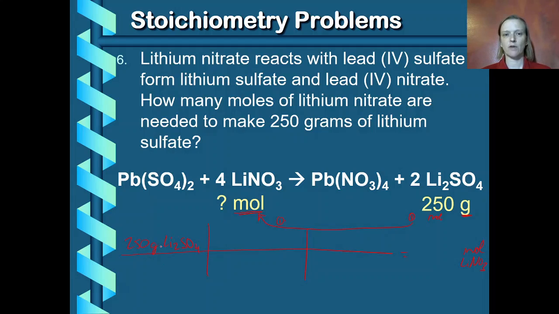My first conversion factor I need to convert to moles so that I can switch to a different substance. So I need to know how many grams are in 1 mole of Li2SO4. I'm going to need to use my periodic table to determine the molar mass of lithium sulfate, and I get 103.01 grams for my molar mass.